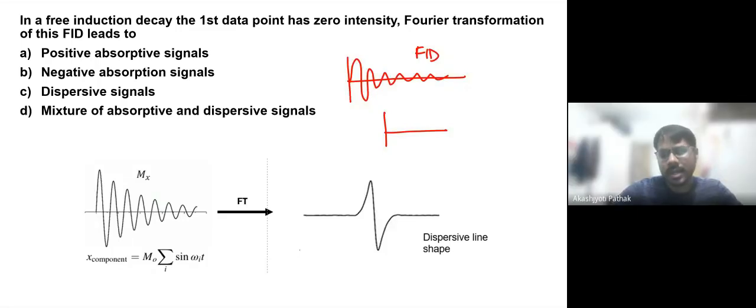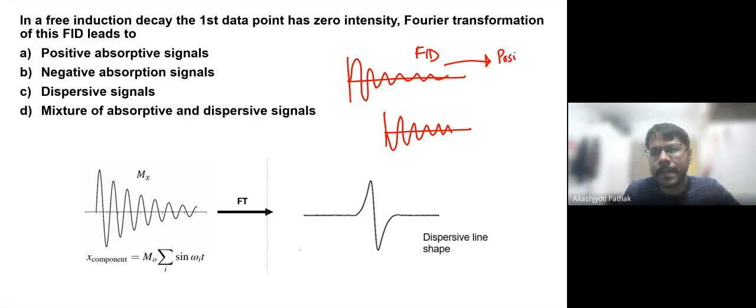So there are two more questions, and then we will end today's session. Basically, what you have been asked in this question is that the first data point has zero intensity. So if your first data point has zero intensity, then your FID can either look like this or it can also look like this, right? If you do a Fourier transform of this FID, you get a positive absorptive signal.